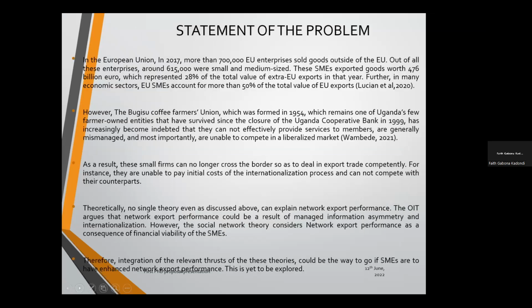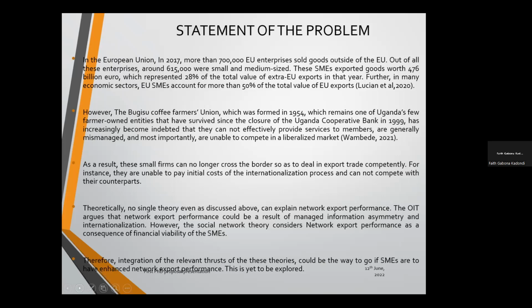Looking at it from a global perspective, in the European Union in 2017, more than 700,000 enterprises sold goods outside of the European Union. Out of these, around 615,000 were small and medium scale sized.